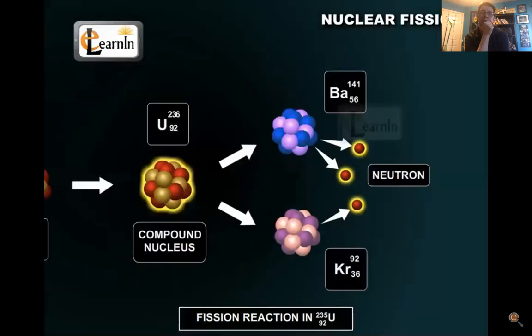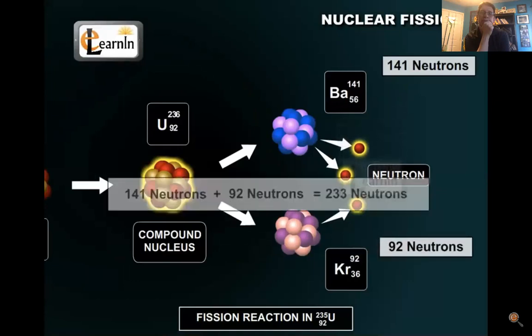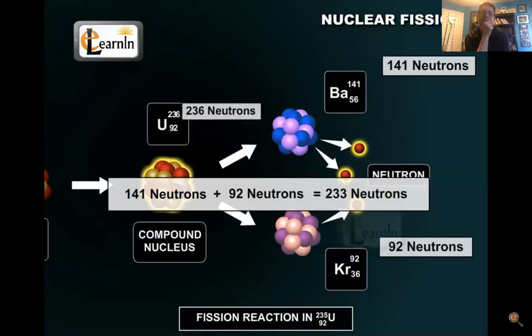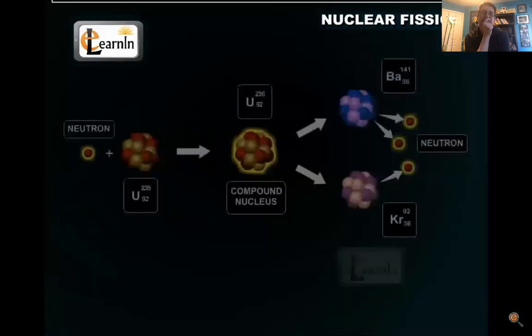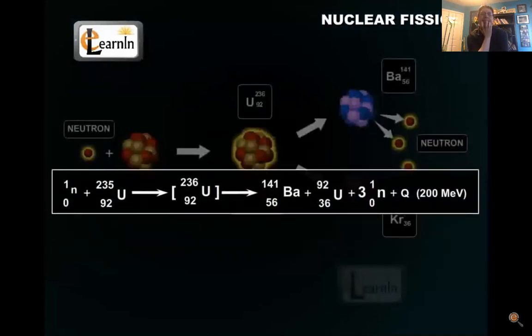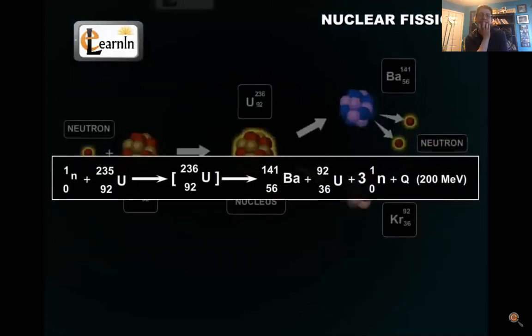This happens because barium-141 has 141 neutrons, and krypton-92 has 92 neutrons, adding up to a total of 233 neutrons. To balance the equation, uranium-236 must emit 3 more neutrons. The chemical equation of the nuclear fission reaction taking place can be represented by this equation.